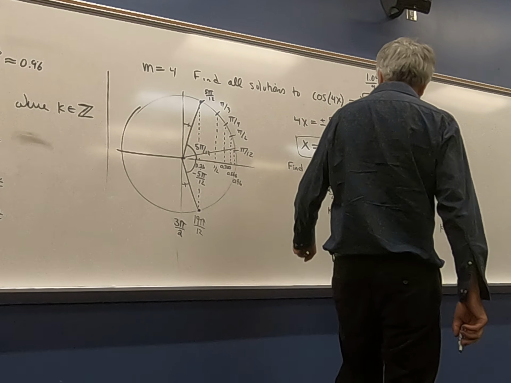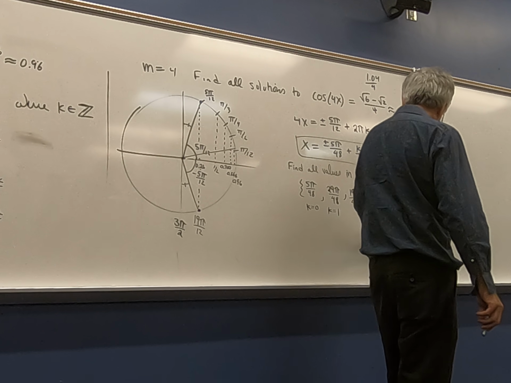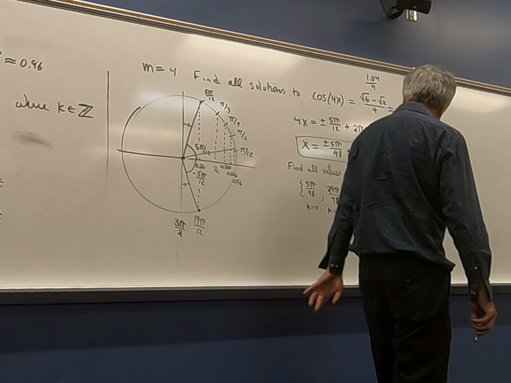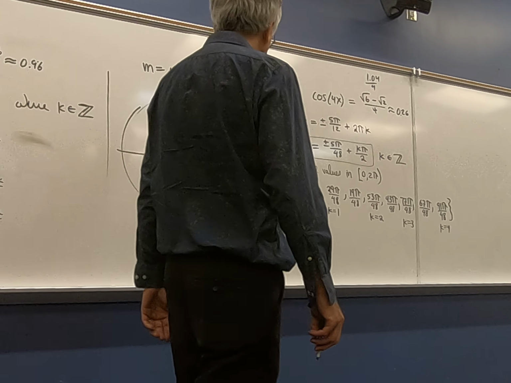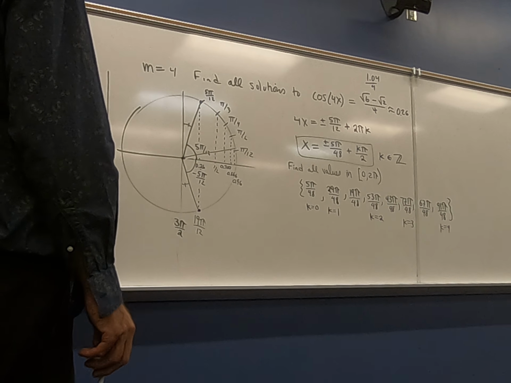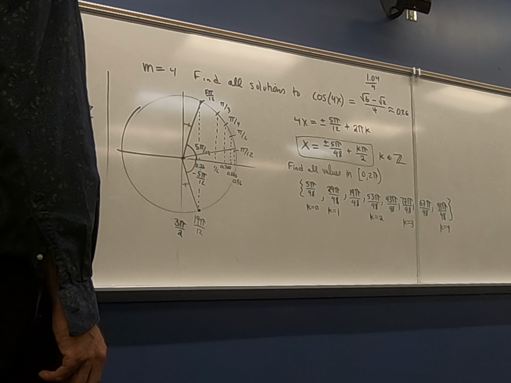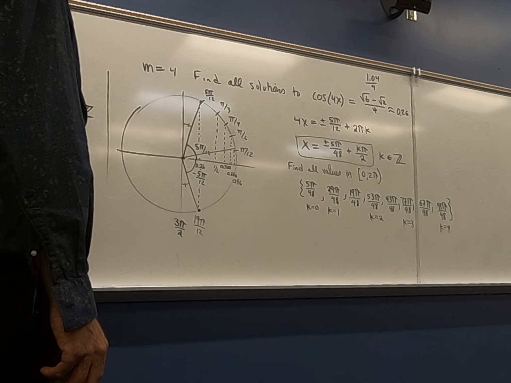So you notice there's only 1 for k equals 0, and there's only 1 for k equals 4. There's 2 for k equals 1, 2 for k equals 2, 2 for k equals 3, and that gives me a total of 8, right? 8 different places on the circle where this equation is true, and then all points coterminal with those 8.